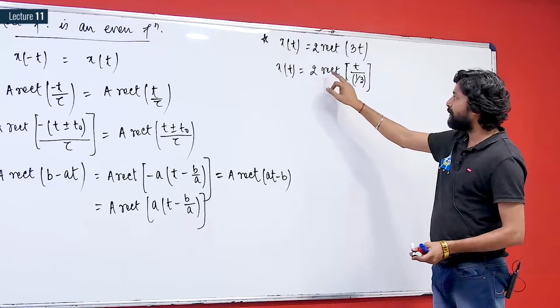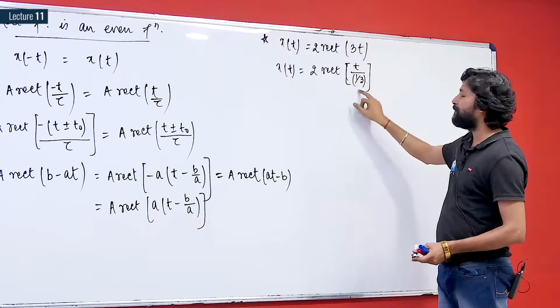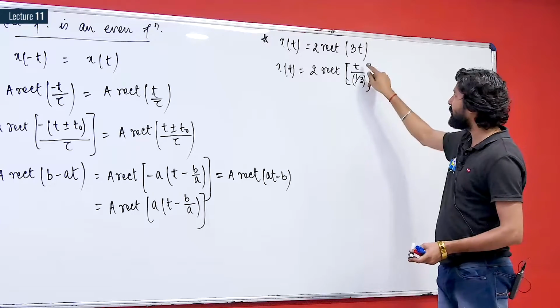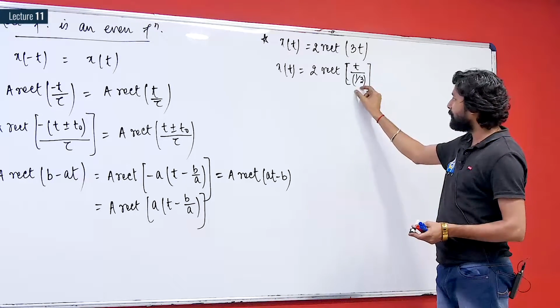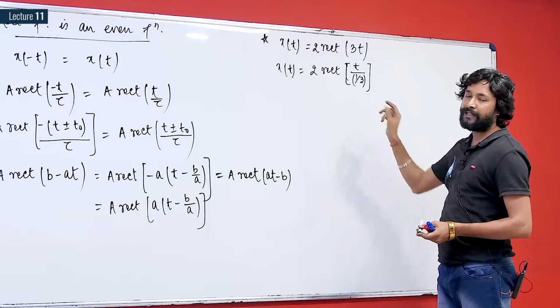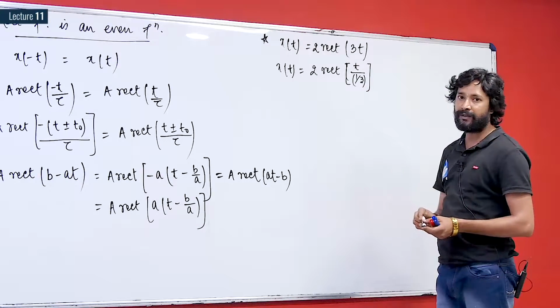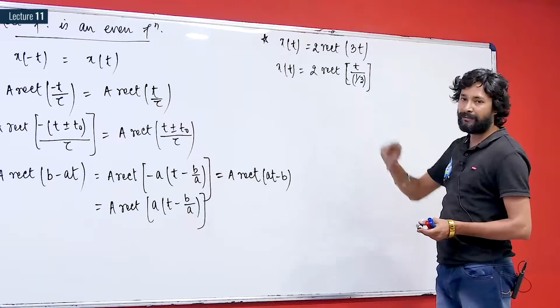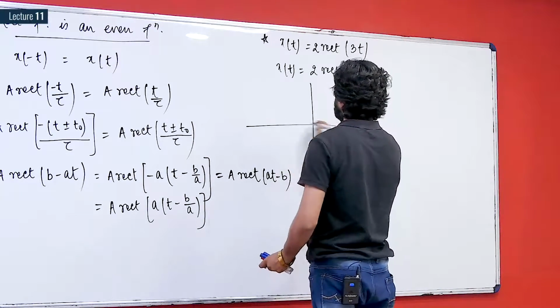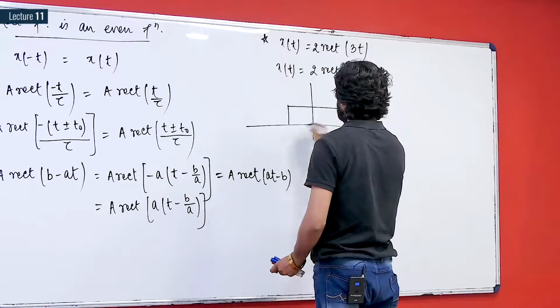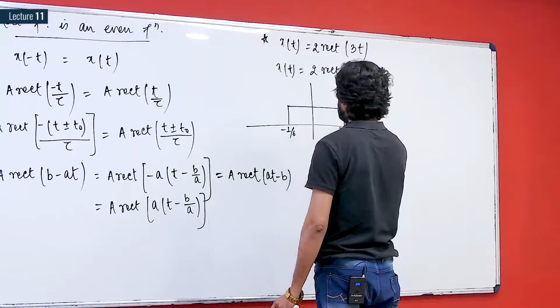If you compare it with 2 rectangle of t minus center upon tau, which is the actual representation, then you come to know that the signal is centered at the origin and the total width is going to be 1 by 3. That means the width on either side of the origin is going to be half of this, that is 1 by 6. So, you can plot this signal from minus 1 by 6 to plus 1 by 6.